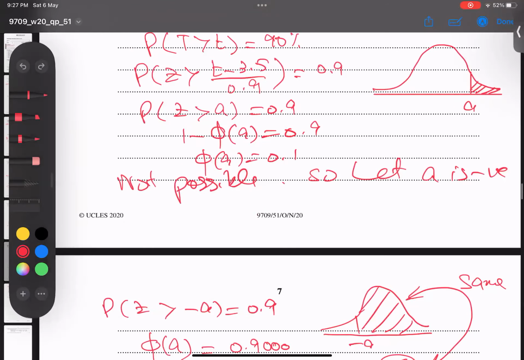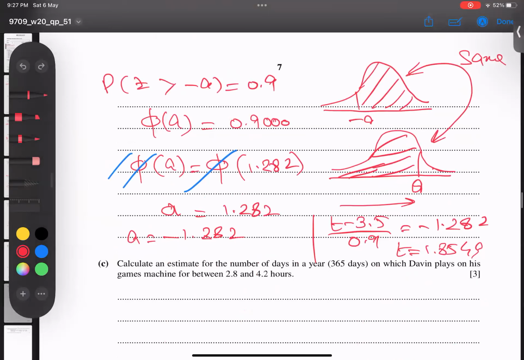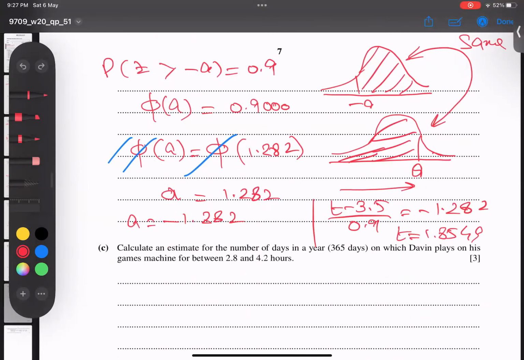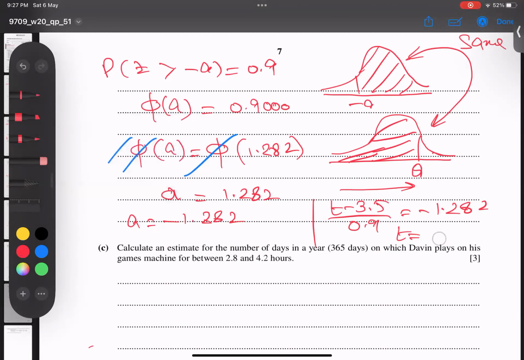So I took negative. Now check again on my calculator: 0.9 times negative 1.282 and plus 3.5. There was some mistake, only a typing issue with my calculator. Now it's coming correct, and the answer is 2.35.